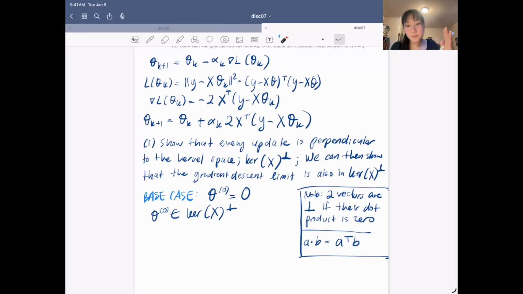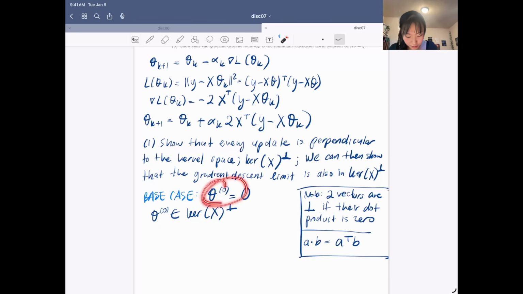But interestingly, this zero vector also falls into the space perpendicular to the kernel space. The reason is that the dot product of anything with zero is zero. Two vectors are perpendicular if their dot product is zero, and the dot product with zero is just zero. So it's funny that the zero vector falls into the kernel space and the space perpendicular to the kernel space. But yeah, that's an aside.